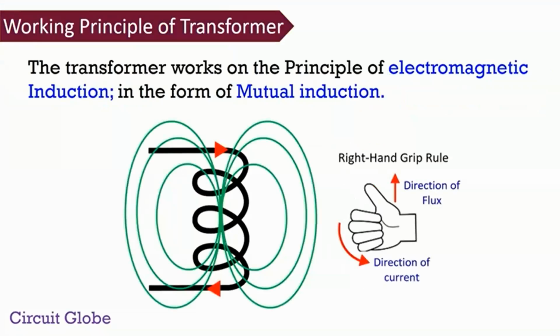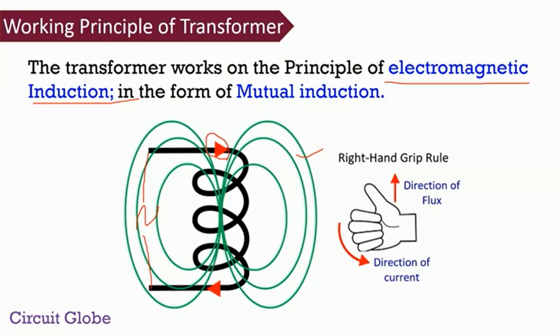Working principle of transformer. The transformer works on the principle of electromagnetic induction. The electromagnetic induction phenomenon says if we supply alternating current across the coil, then alternating flux is induced across the coil. The magnitude of the flux is directly proportional to the current in the coil.